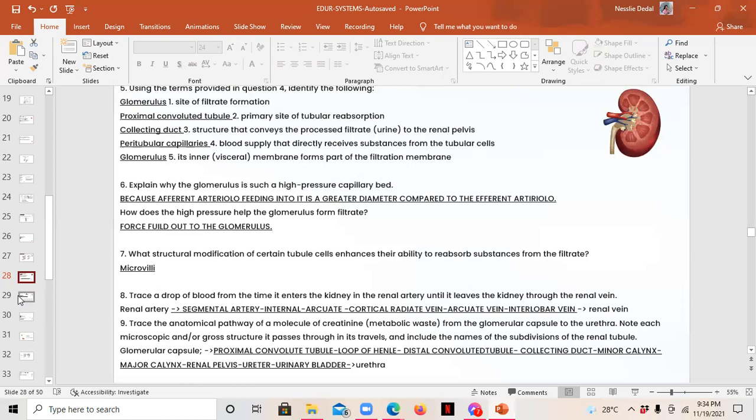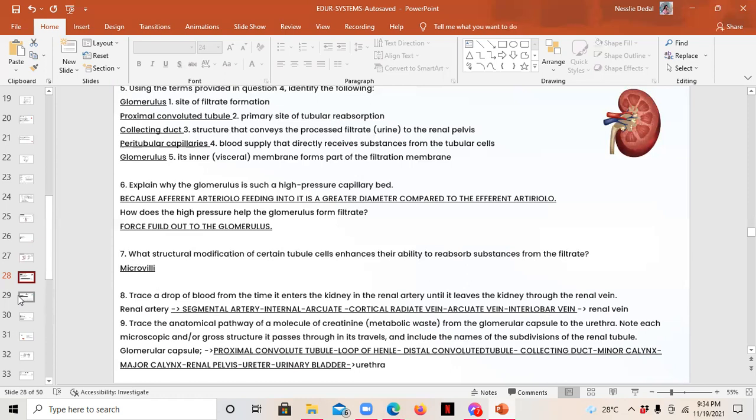Number 9, trace the anatomical pathway of a molecule of creatinine, a metabolic waste, from the glomerular capsule to the ureter. Note each microscopic and gross structure it passes through as it travels, and include the names of the subdivisions of the renal tubules.